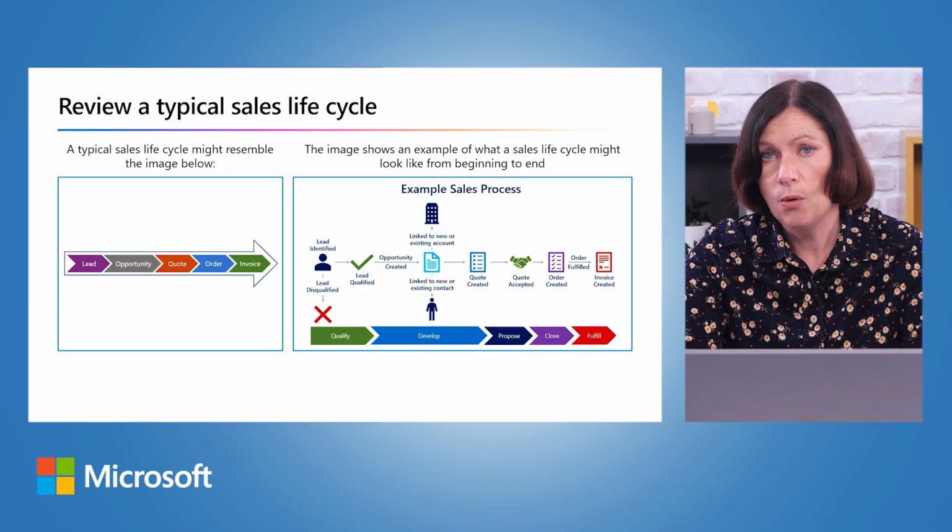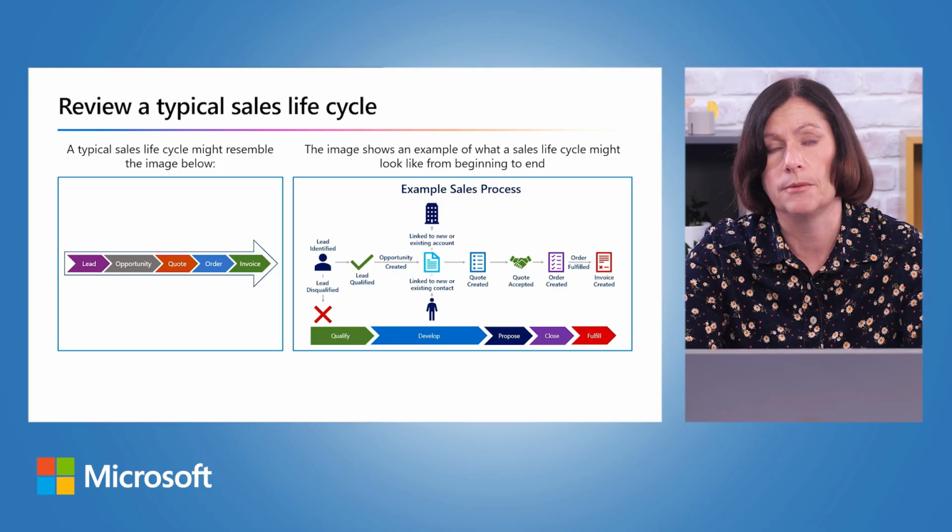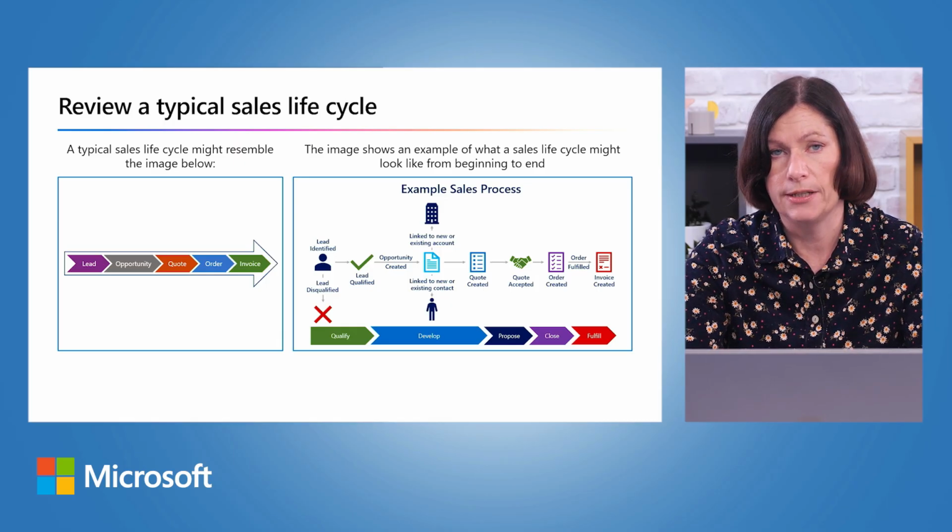Propose: a quote is added to the opportunity and formally presented to the customer. Close: the customer agrees to the quote and an order is generated. And fulfill: after the order is fulfilled, an invoice is generated to bill the customer.